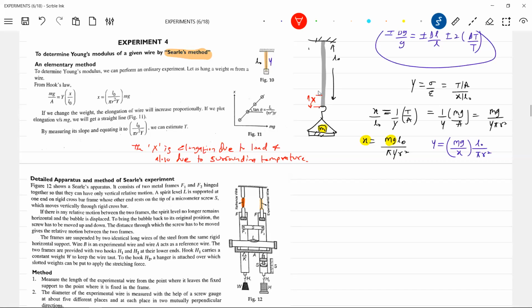This elongation is not included. That's why this has some error. So therefore the value we get will not be correct.